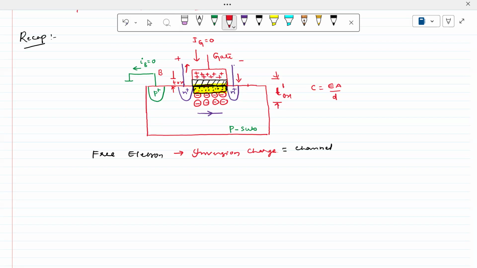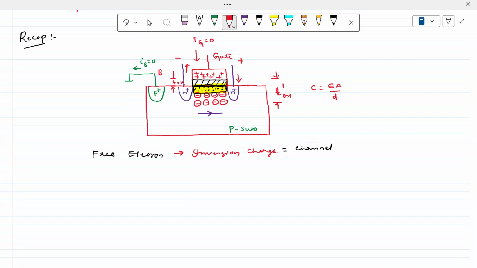But since these are electrons, what I told you is the carriers should move from the left side to the right side. Then for the left side, it should be less, negative, that we should apply. Are you getting this point? Minus here, plus here. I want to flow the carriers from the left side to the right side.